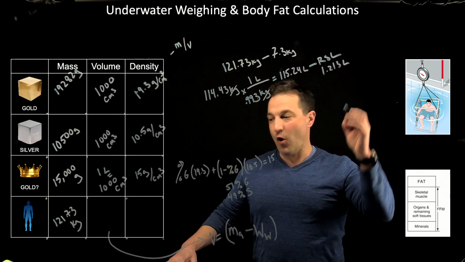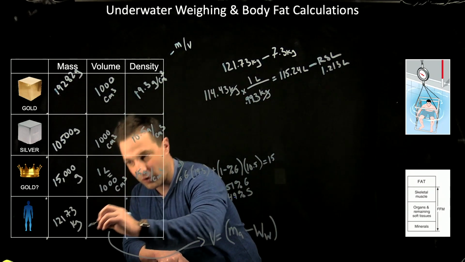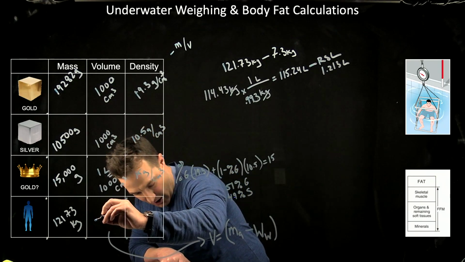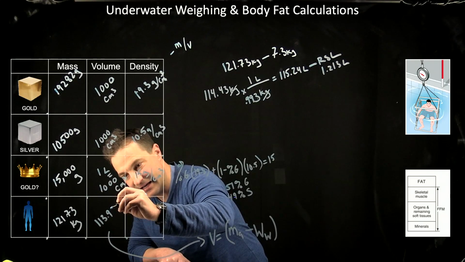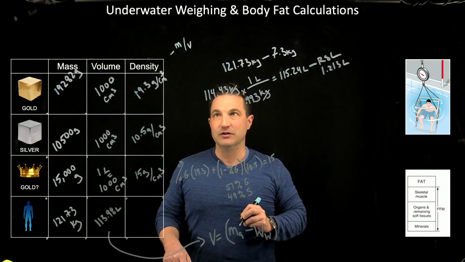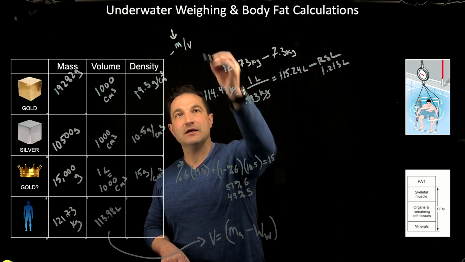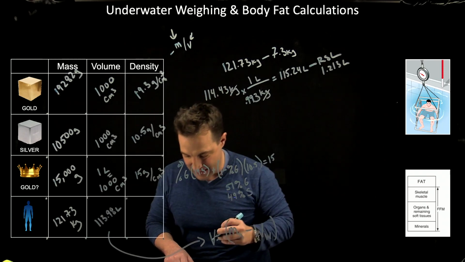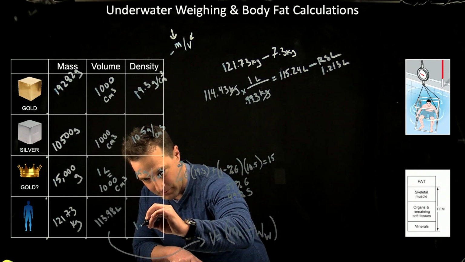So now, if we do all of this, we can go back and say that our volume for our 121 kilogram football player is going to be 113.98 liters. If we do the division, our mass, 121.73, divided by our volume, 113.98, that's going to give us a body density of 1.068.